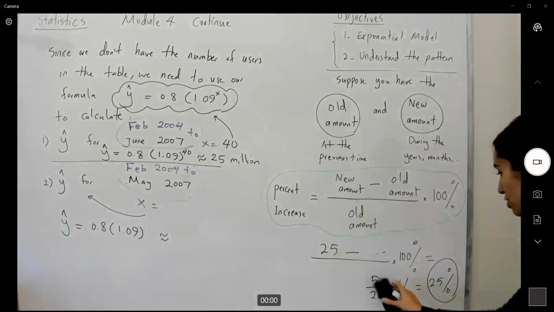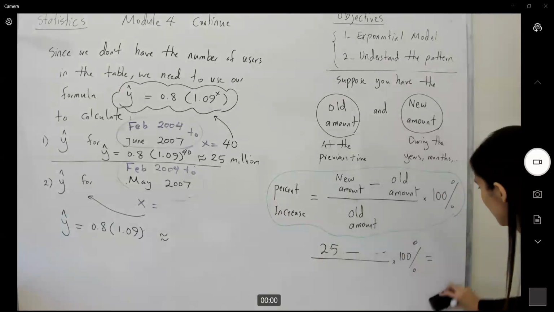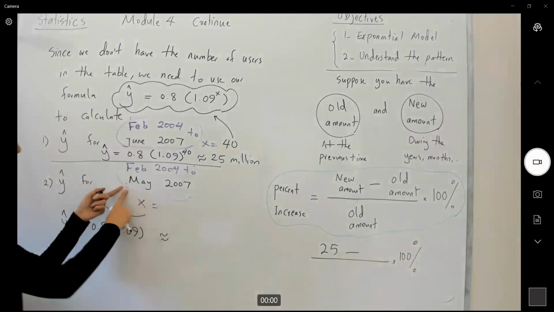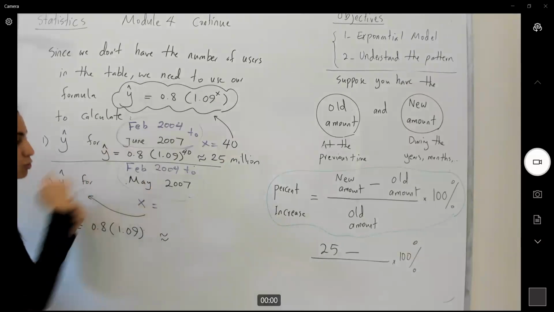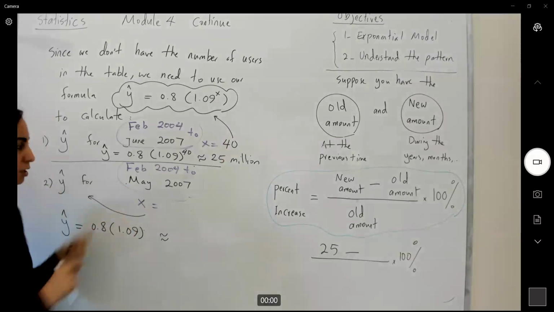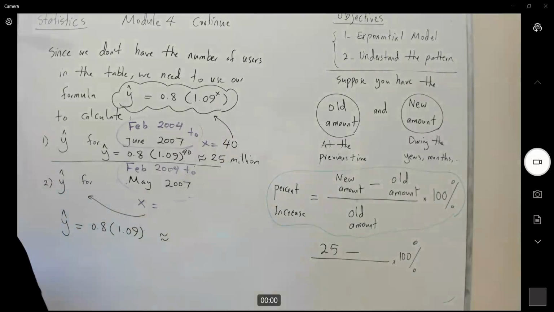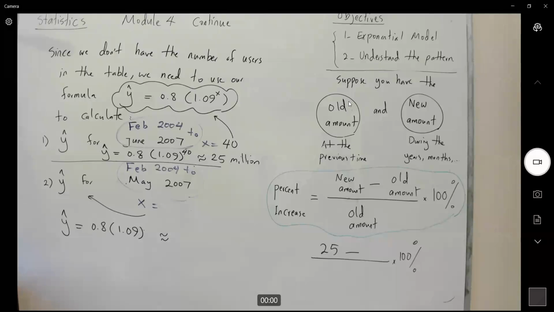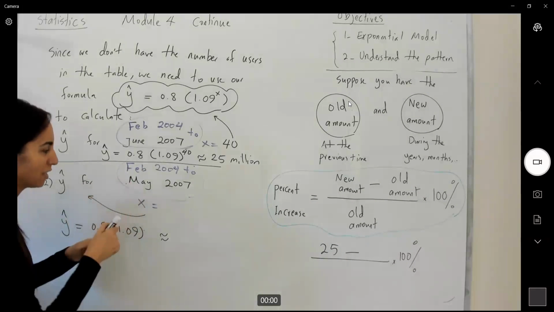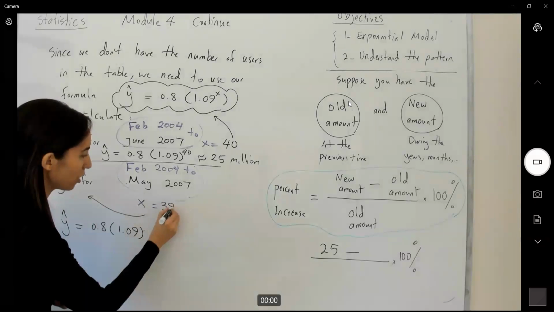Your percentage is changing. So I had April, now I switch to May. I don't have information about May in my table. So how many months? We just jumped from April to May, so we get 39 months.